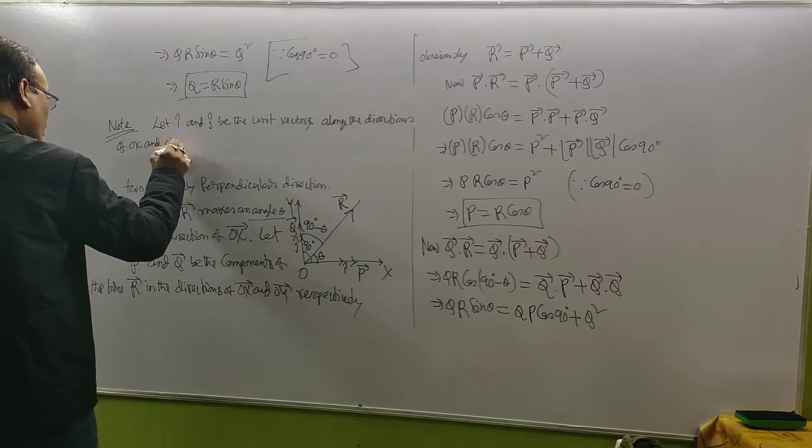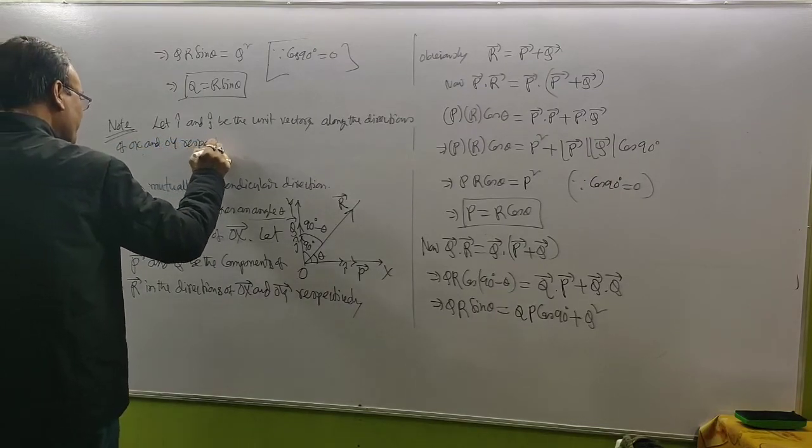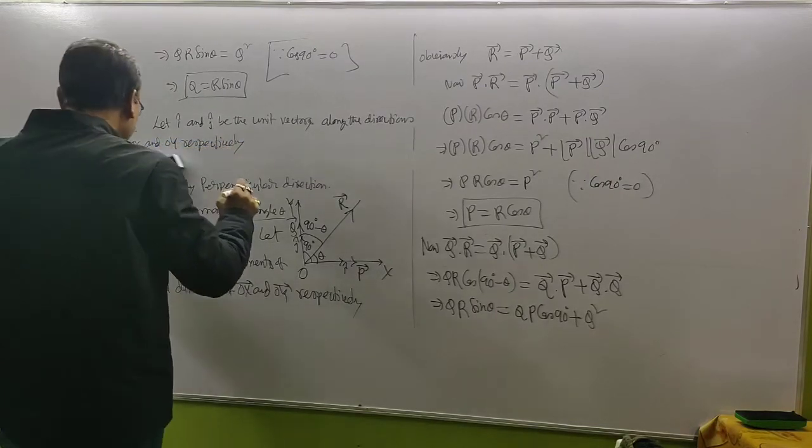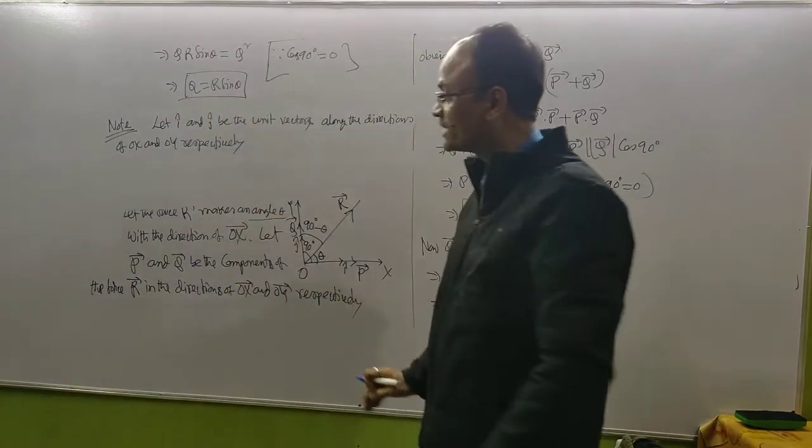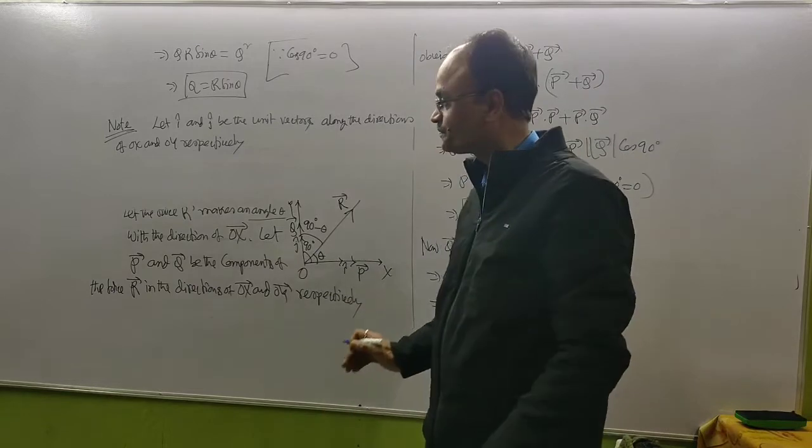Let i cap, j cap be the unit vectors along the directions of OX and OY respectively.